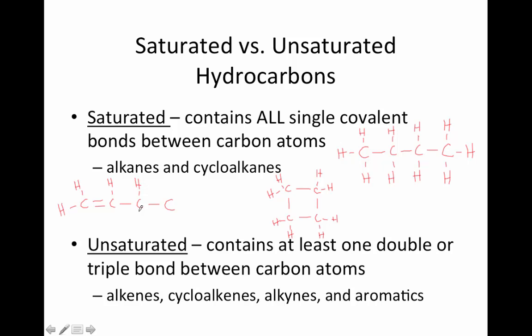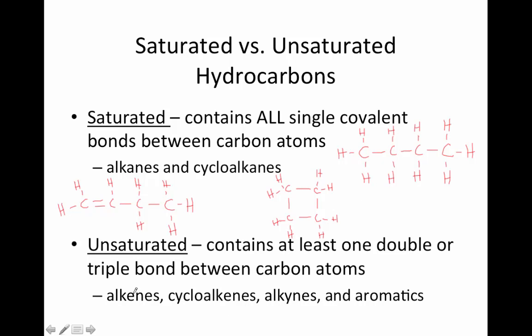So with respect to hydrogens, we say that it's unsaturated. This is an example of an alkene. It has a double bond. The name of this would be called butene, which is not really that important right now because we're not learning how to name things. I'm just telling you. But you can see that there aren't as many hydrogens here compared to that.